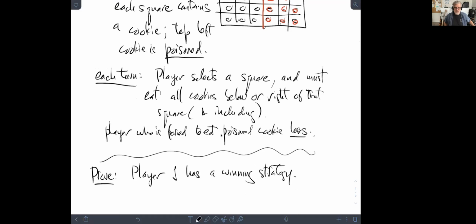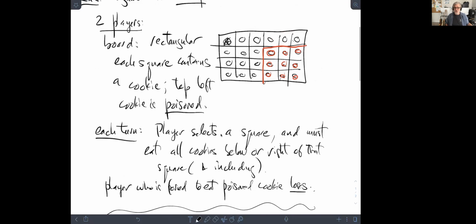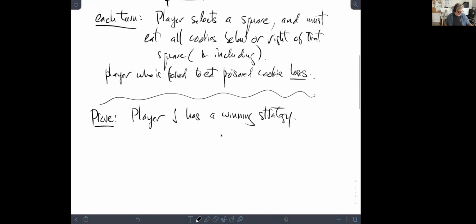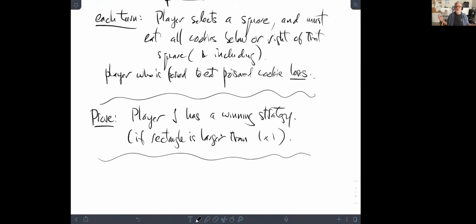We'll never be able to prove that, because if the rectangle is only 1 by 1, player one will certainly lose, because player one has to start and will have to eat the cookie. So we have to add: if the rectangle is larger than 1 by 1. If there's only one square, player one will lose, but that's not a very interesting game. So what is a winning strategy?